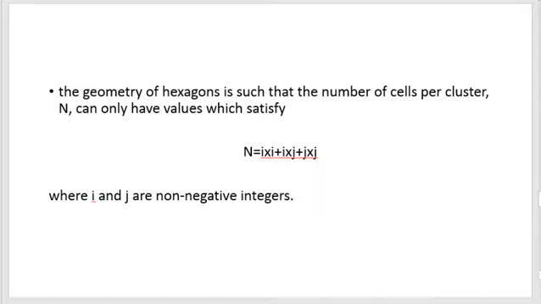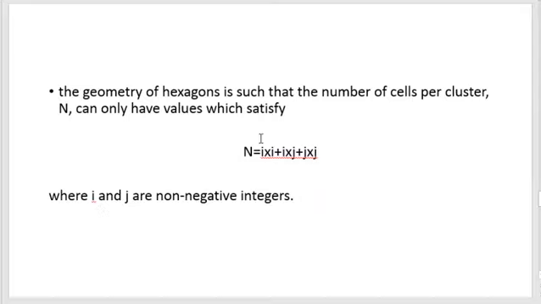Now the geometry of hexagons is such that the number of cells per cluster N can have values which satisfy this equation, where i and j are non-negative integers. So what does this mean? You put i and j, take any non-negative numbers.